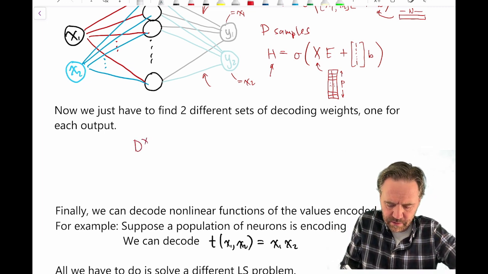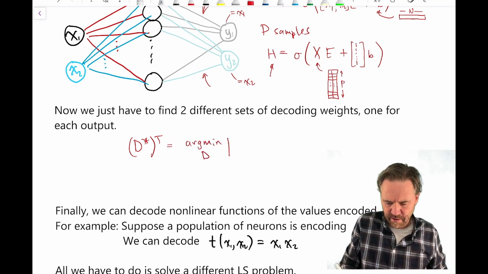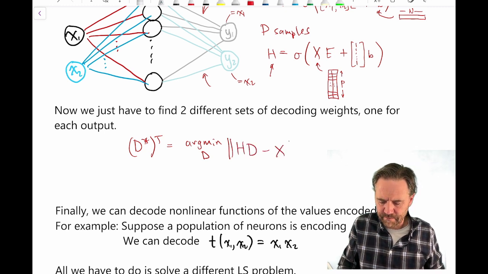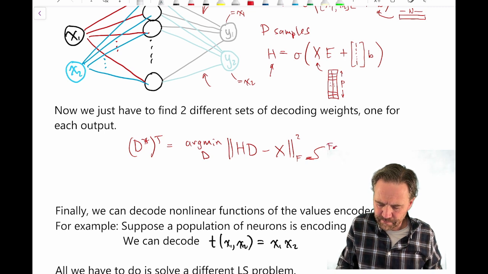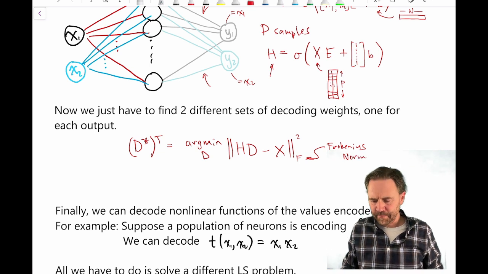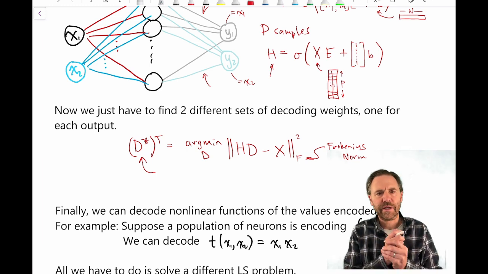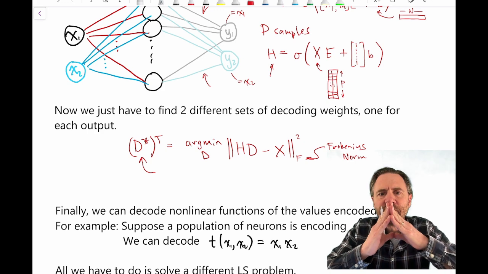So D star transpose, I believe, is argmin over D of, turns out it's the same formula, except we're using the Frobenius norm. And this D now, or this D transpose, let me think about this for just a second.